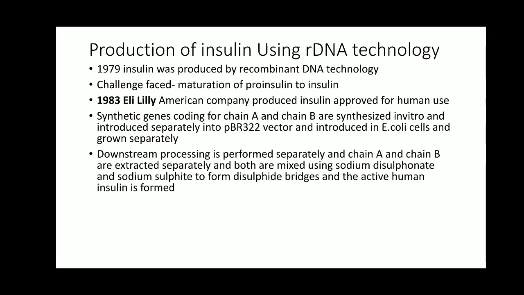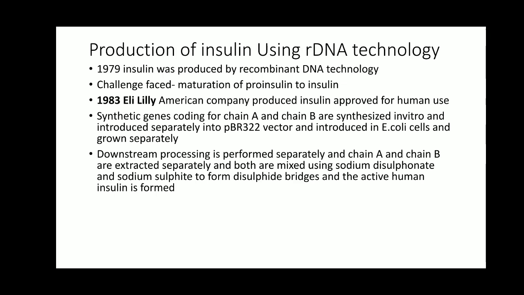The genetic information was taken: what is the composition of chain A, what nucleotide sequence it is made of, and the genetic composition of chain B is known. Based on that information, chain A and chain B are synthesized separately in the laboratory.